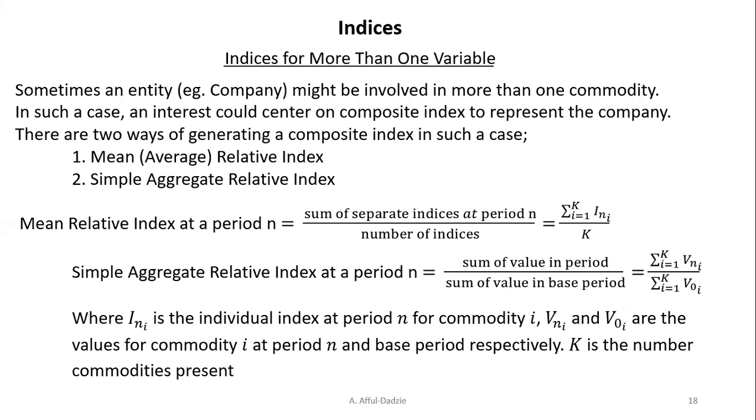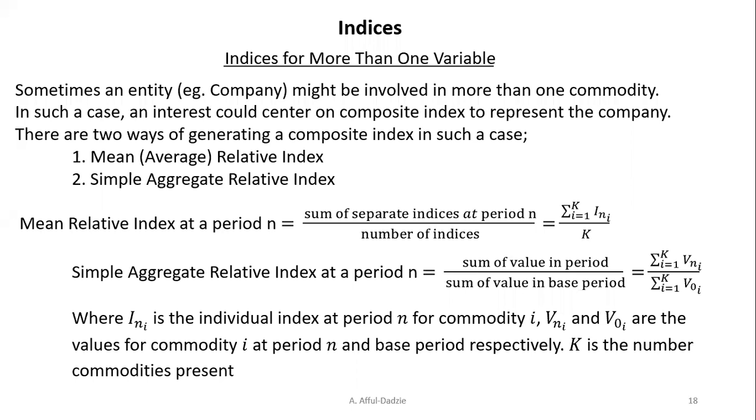For the mean relative index at a certain period, the expression says that we compute the index number of each item, and when we are done, we take the average of all the index numbers put together. So if you have, let's say, 4 commodities, we take the individual index number of each commodity, sum all those index numbers, and then take an average of them. That is the mean relative index.